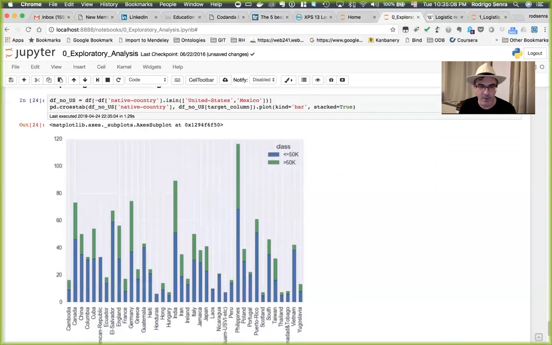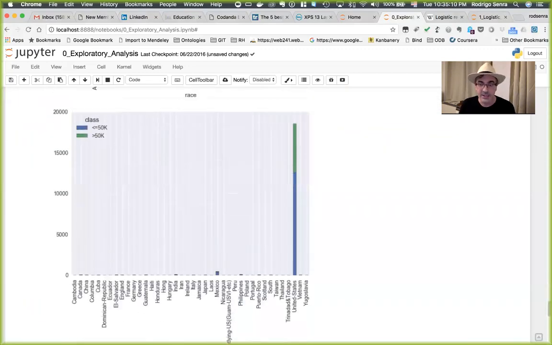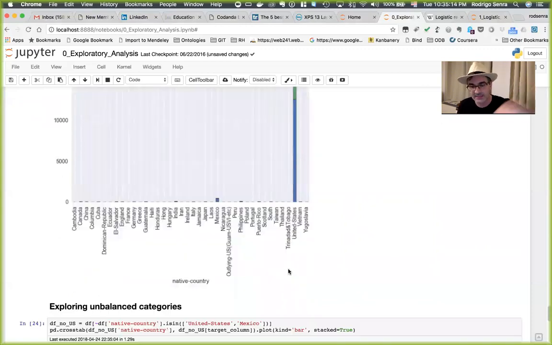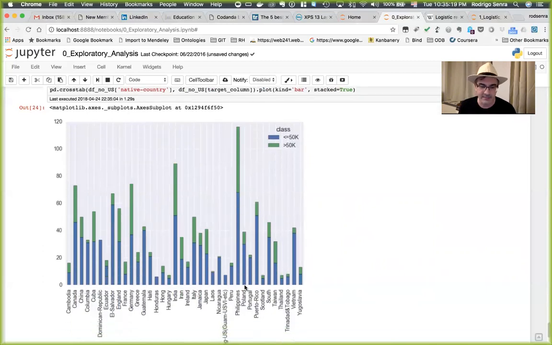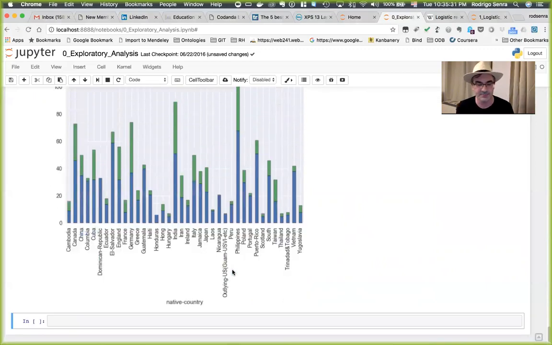One thing you can do in that case is eliminate the most unbalanced class and examine the others. Then you can see that the Philippines has a good balance, but other countries such as China or Peru are very unbalanced.